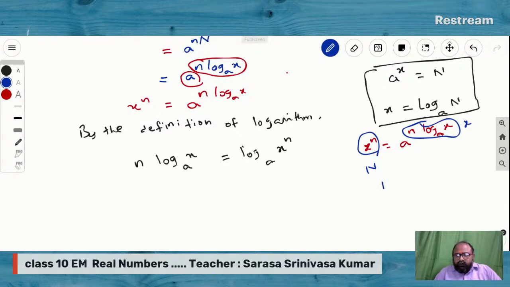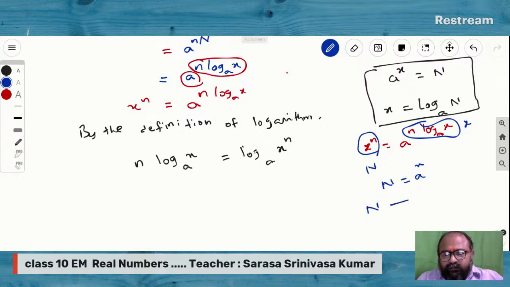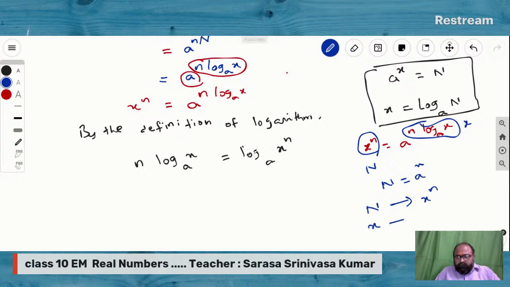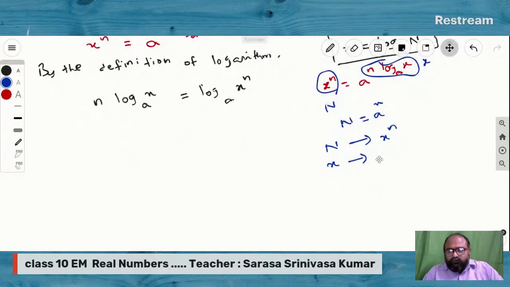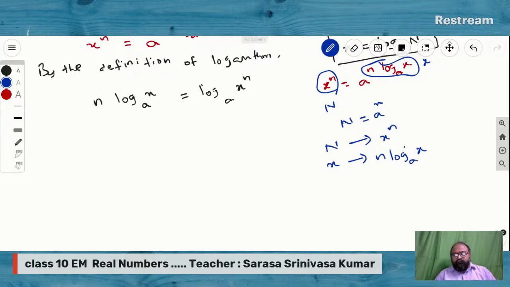So n equal to a power x. So here in place of n we have x power n. In place of x we have n log x to the base a. So in place of a we have a only.